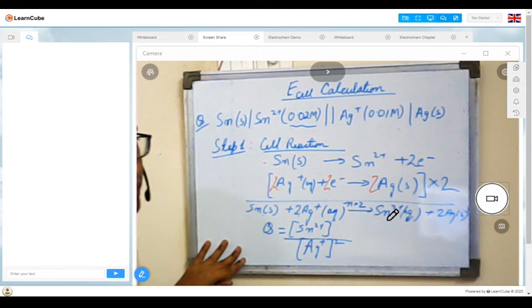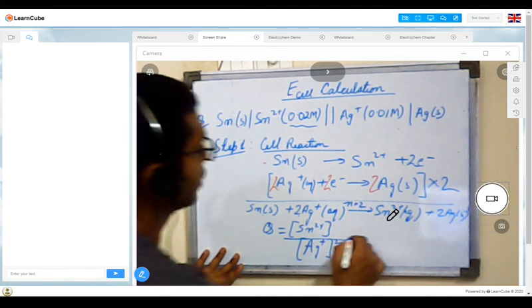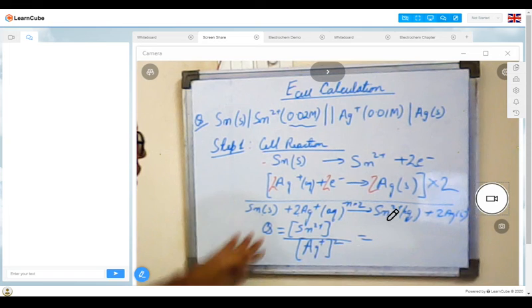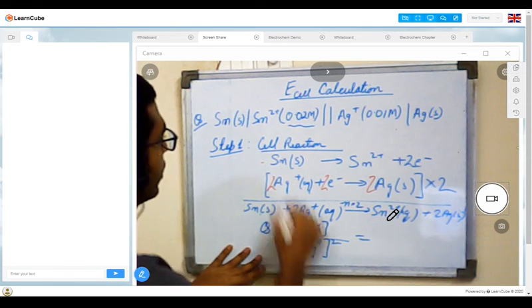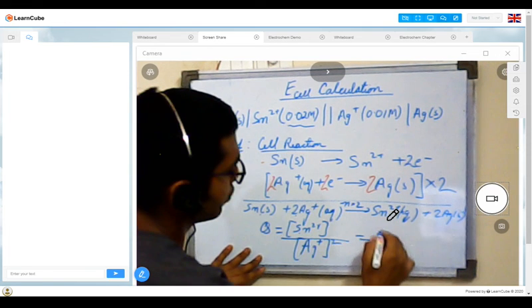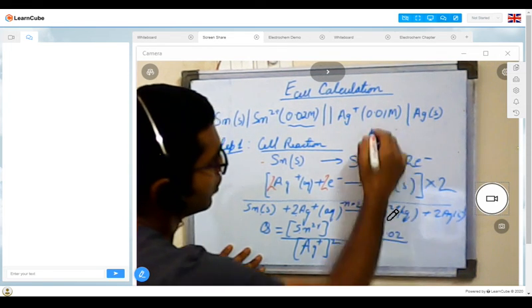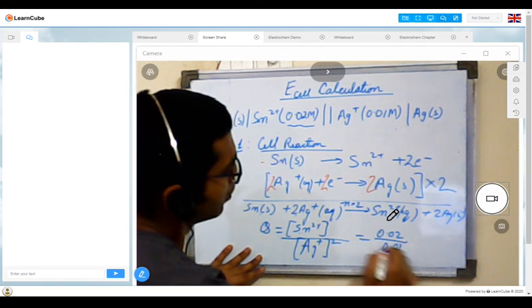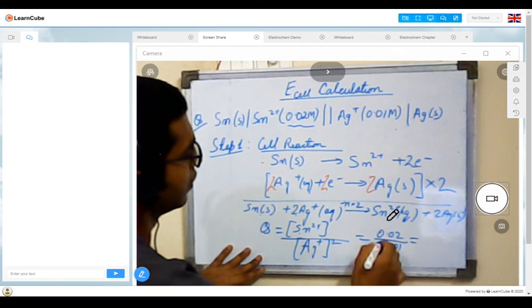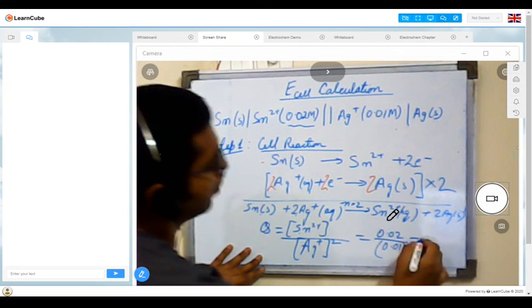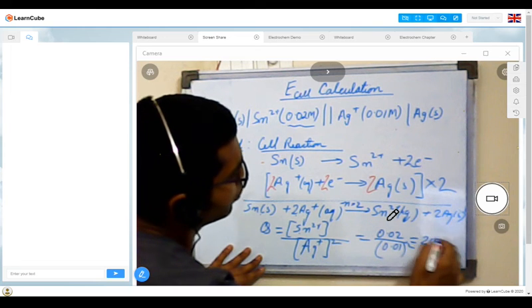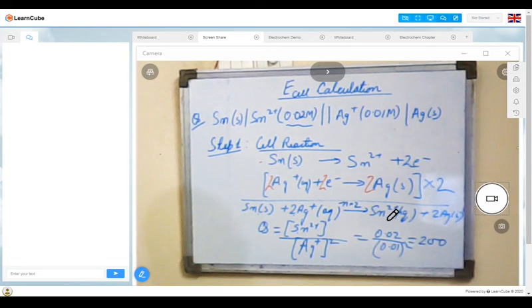This is very important in how to write the reaction quotient. Sn2 plus concentration is 0.02, Ag is 0.001, and this is squared, so Q is 200. Got it? So we got two variables, n and Q.